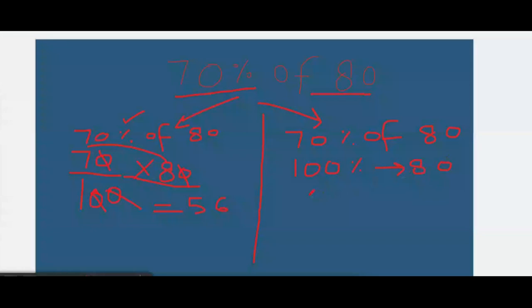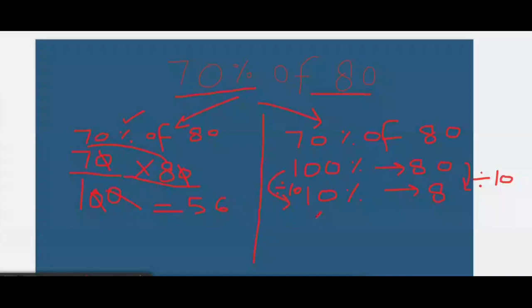So what will be the 10% of 80? To find 10% of 80, find the relationship between 100 and 10. How can we get 10 from 100? If we divide by 10. So 80 divided by 10 will be equal to 8.